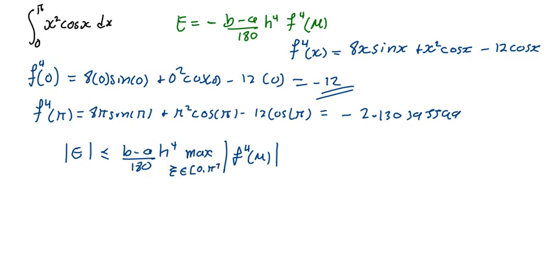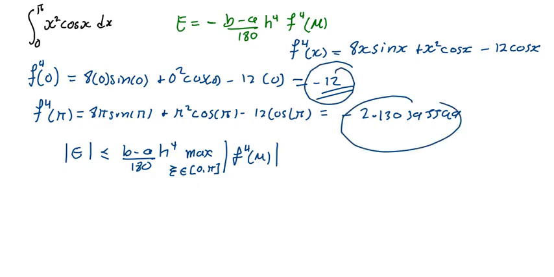So what it means is that we are multiplying by the maximum of the derivative after we evaluate at 0 and at pi. Once again, we just take the absolute value of this and the absolute value of that.